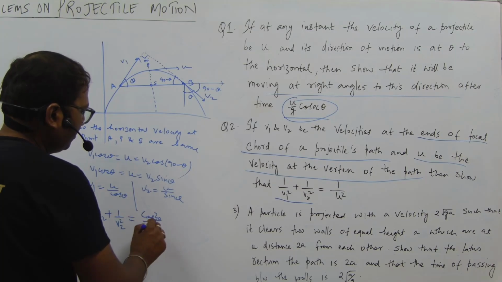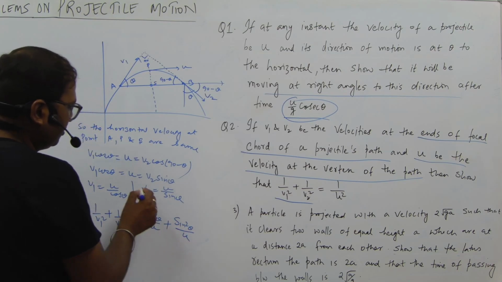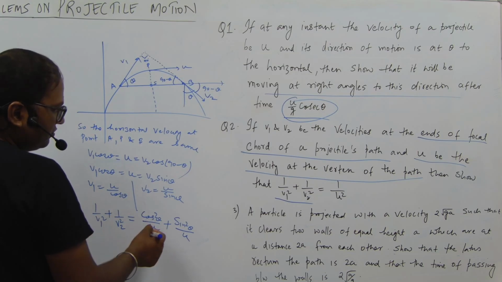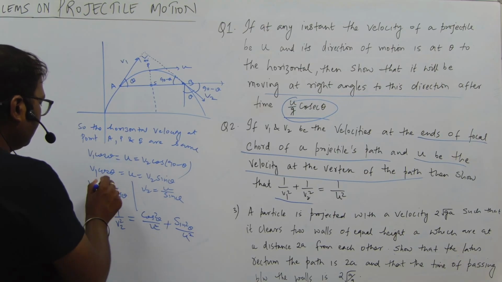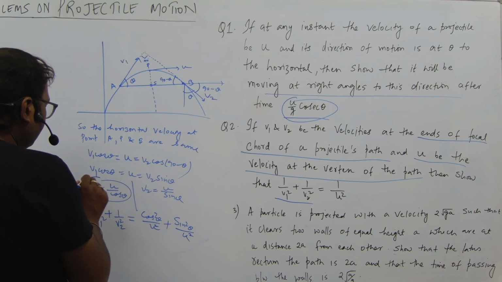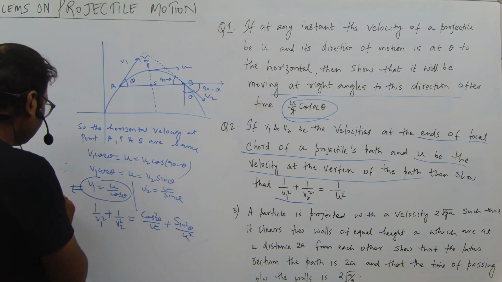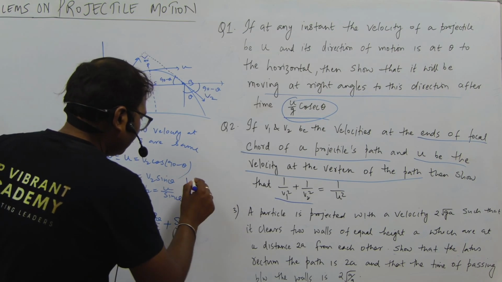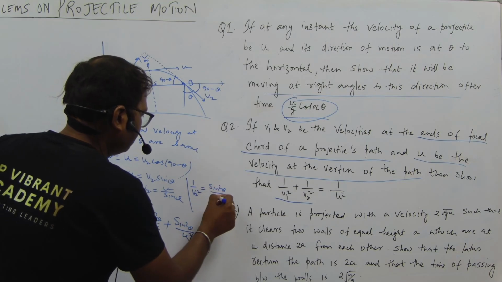From here, 1 upon V1 square is equal to cos square theta upon U square, and 1 upon V2 square is equal to sin square theta upon U square.